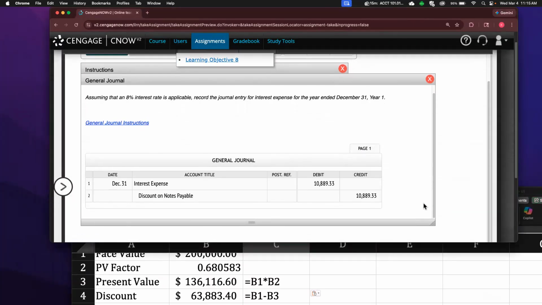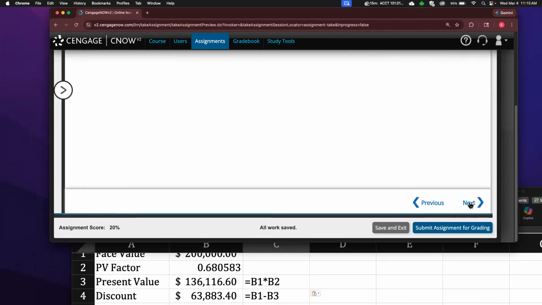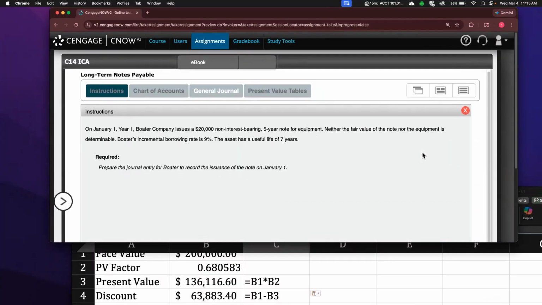Let's go to our very last one. January 1st, year one, Voter company issues $20,000 non-interest bearing 5-year notes for equipment. Neither the fair value of the note nor the equipment is determinable. Voter's incremental borrowing rate is 9%. The asset has a useful life of 7 years.